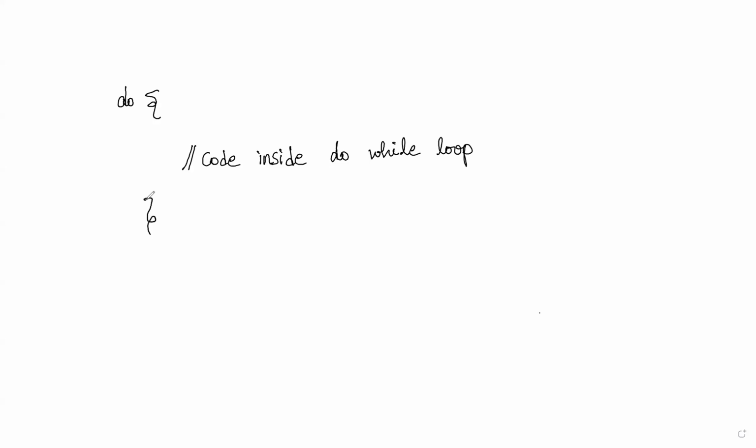Then we close the loop body. Right after closing the loop body, we use the while keyword and give the loop condition here. And remember, when we write a do while loop, we have to end with a semicolon, else we are in for a compilation error. So this is how we write a do while loop.